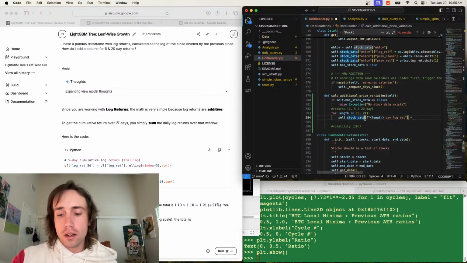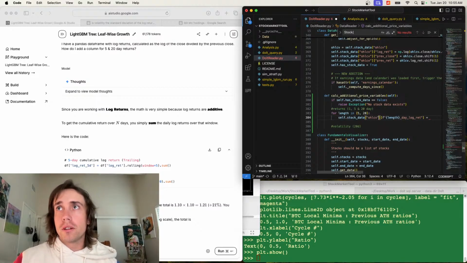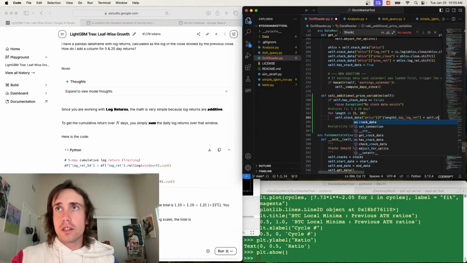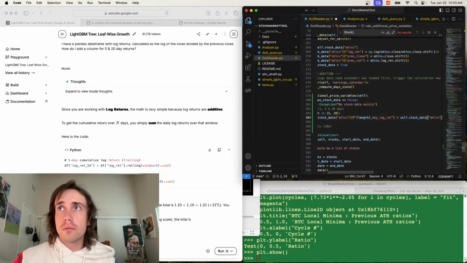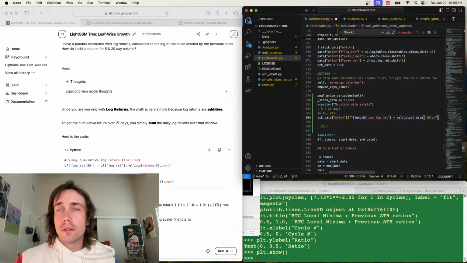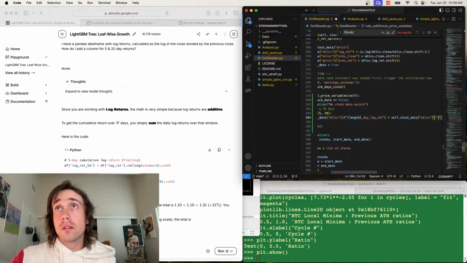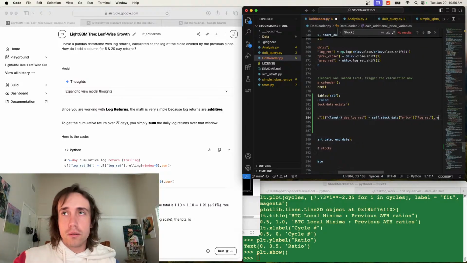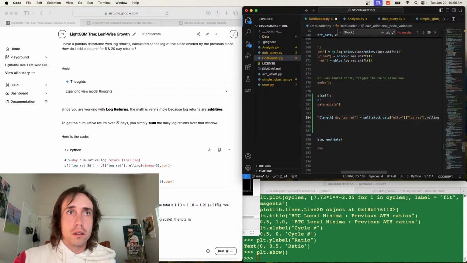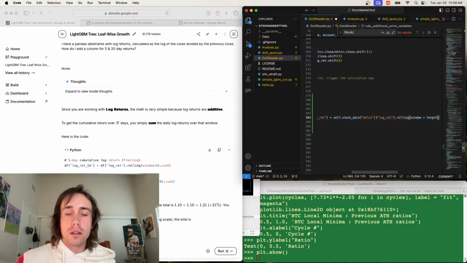self.stock_data of open, high, low, close, volume is equal to self.stock_data of open, high, low, close, volume of log return dot rolling window equals length dot sum.